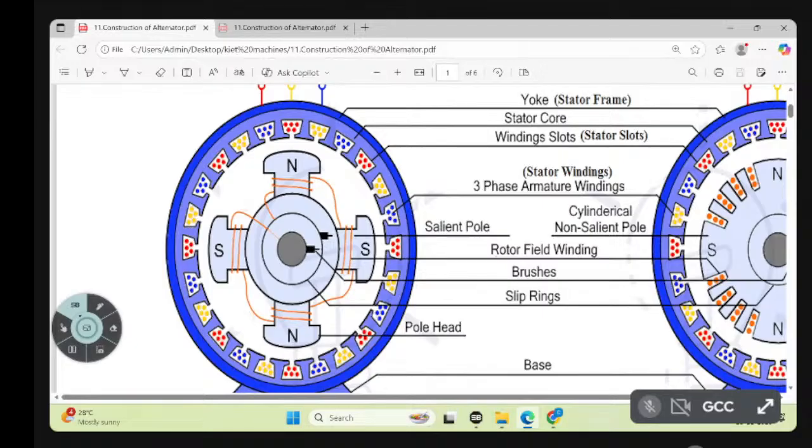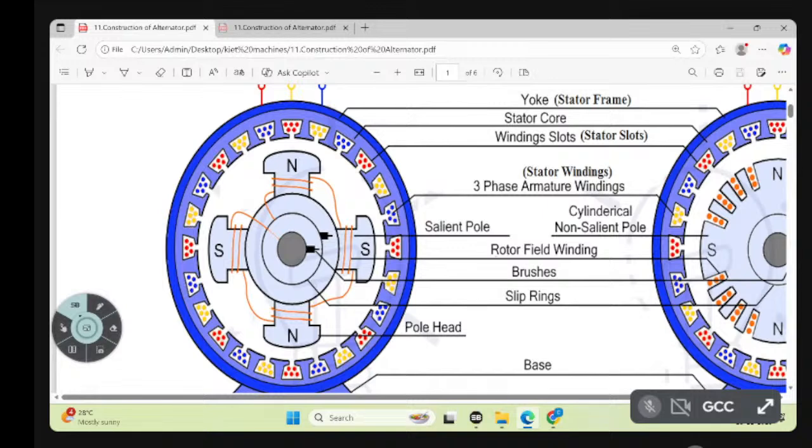So directly we are getting AC. This AC is three phase. So three terminals are here, R, Y, B. We are bringing out the three phases R, Y, B, and we are utilizing that energy. Working is simple, but the location is changing.